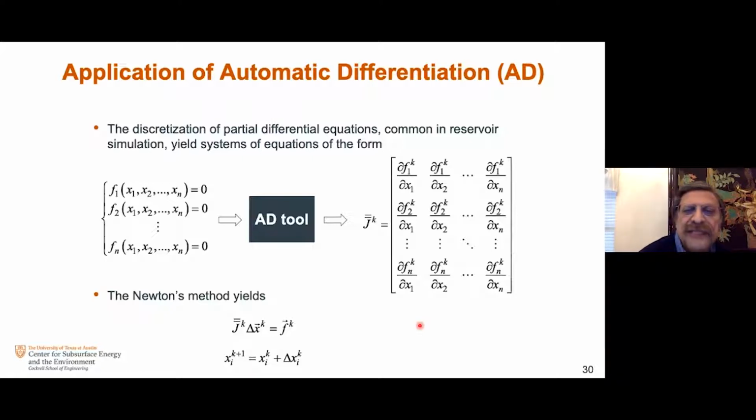Another approach that is being used is automatic differentiation tools, or AD tools. In this case, basically, you give your code to this other code, and it takes those partial derivatives for you and writes a code for you. We have done development in our research group using this, and we have made comparisons between hand-derived versus AD tools.